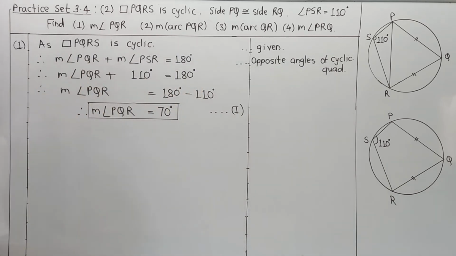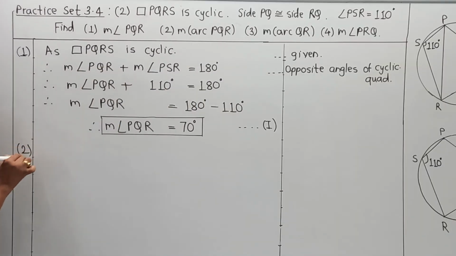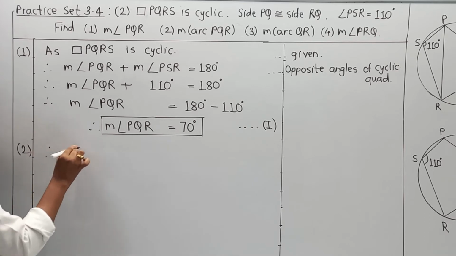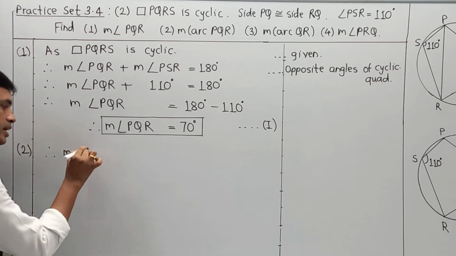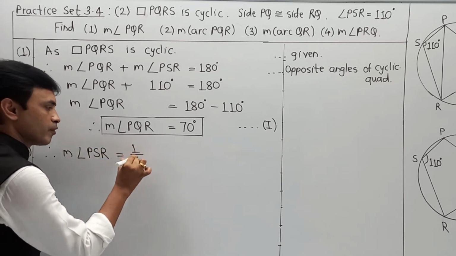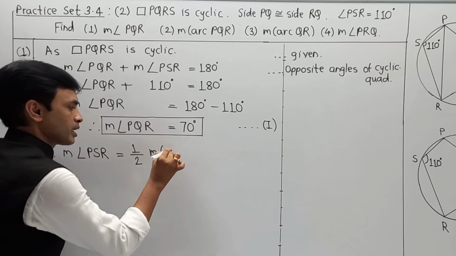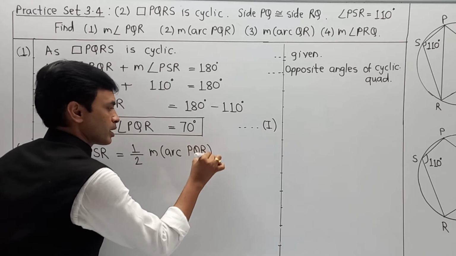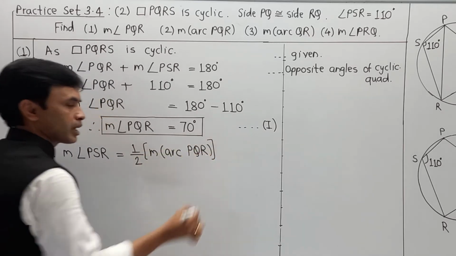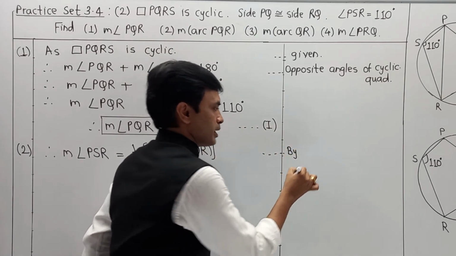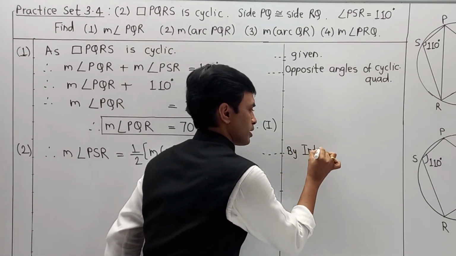So next, second: major angle PSR is equal to half of major arc PQR, by intercepted arc property.